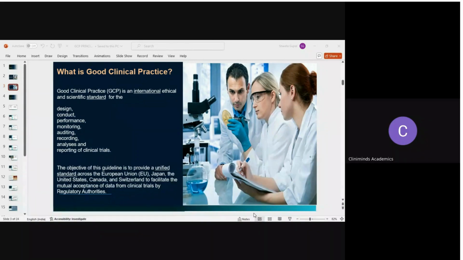So at every step, as we already discussed in the previous slide, every person who is involved in the trial directly or indirectly will be following the GCP. How will they follow it? When they are performing their part, their task, they make sure that the GCP standards are met.